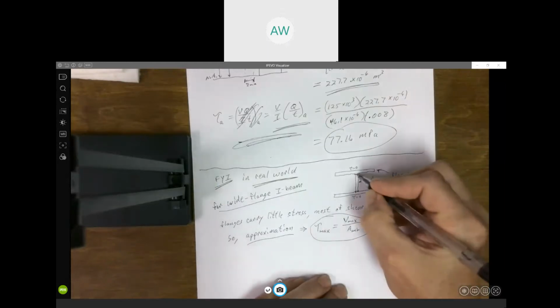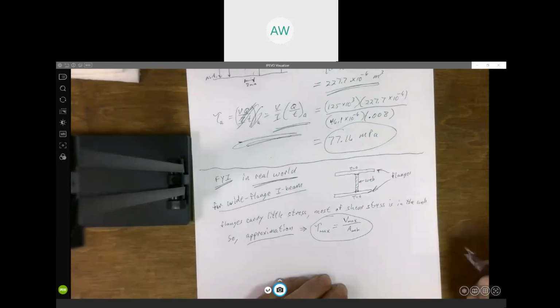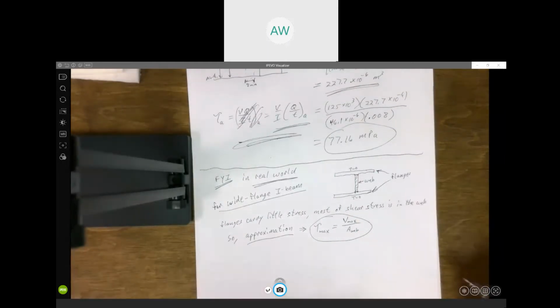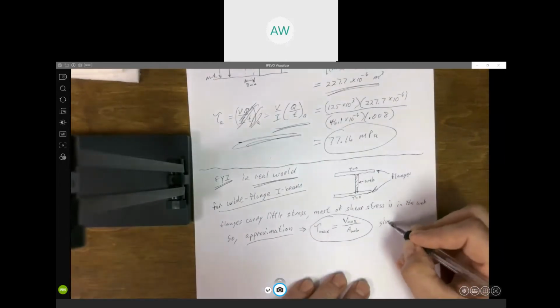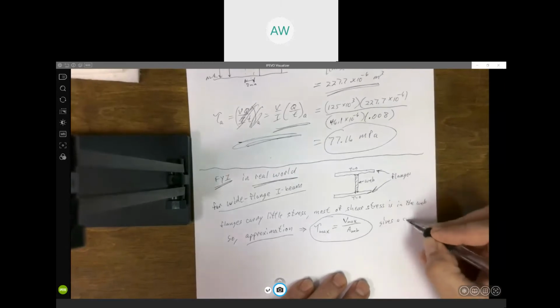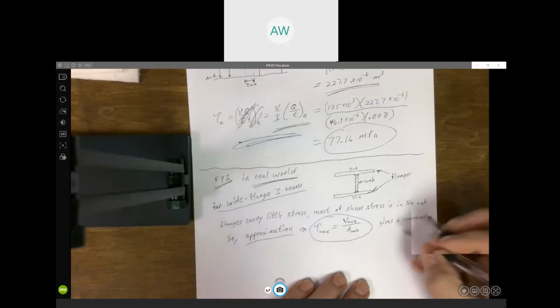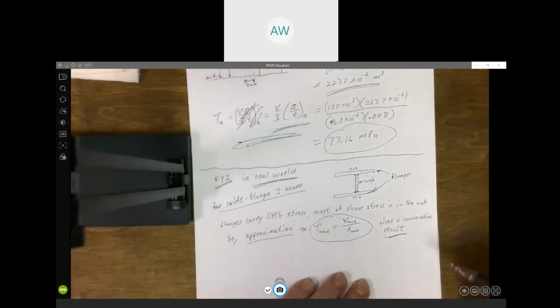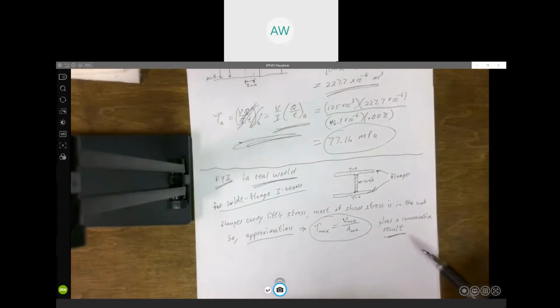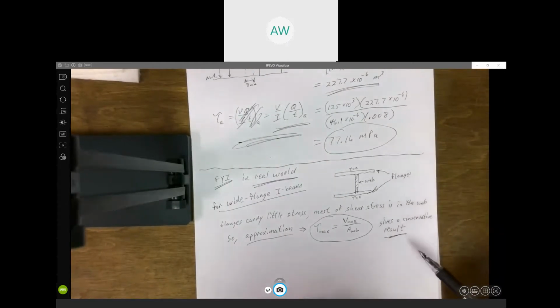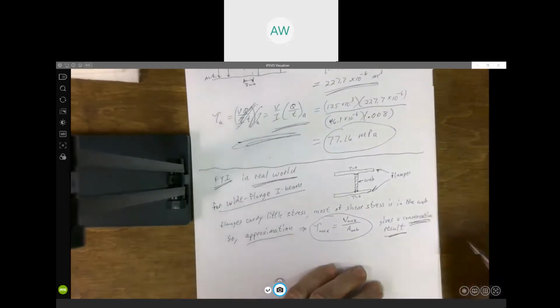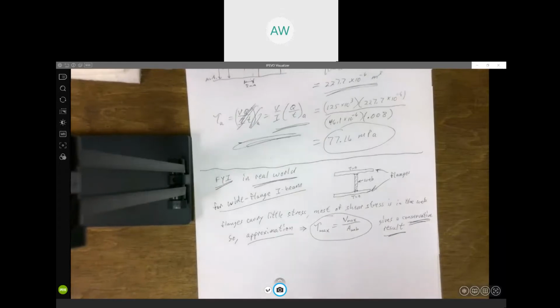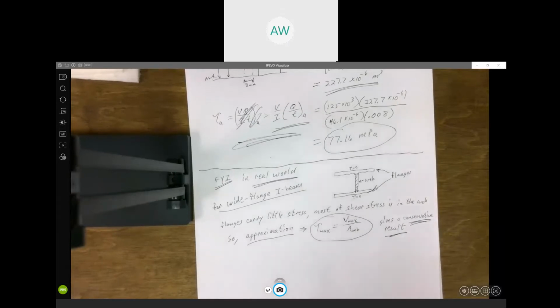Again, this would be the area I'm talking about. It gives you a conservative result. In other words, it's going to give you a shear stress that's close to the actual maximum, but it's conservative in that it's a little bit larger than what it actually is.